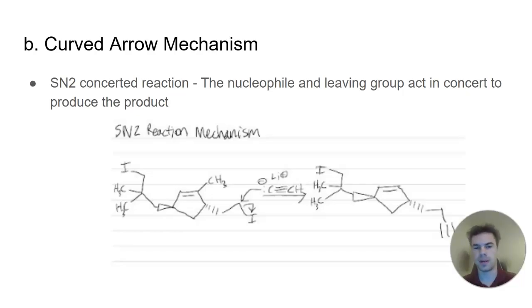An SN1 reaction would be most preferable for a secondary or a tertiary. There would be some ambiguity more with the secondary carbon, but in this case it's pretty straightforward that a SN2 reaction would occur.